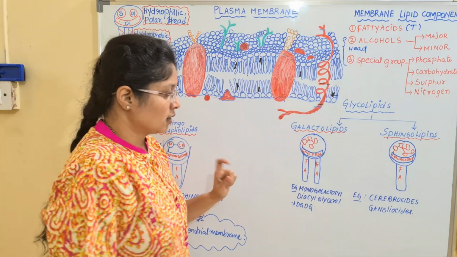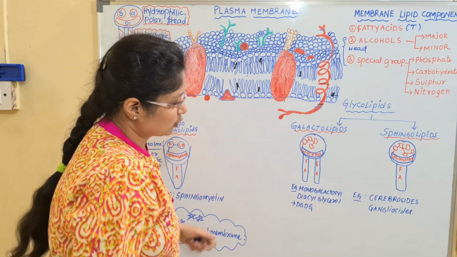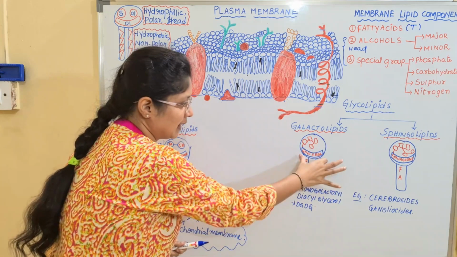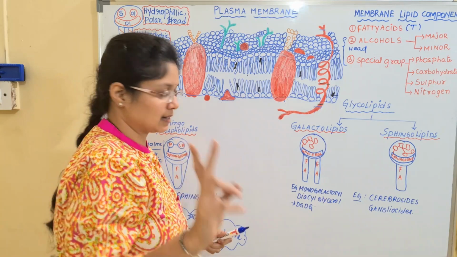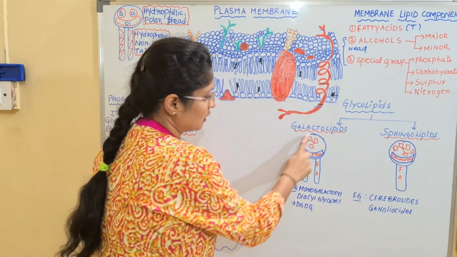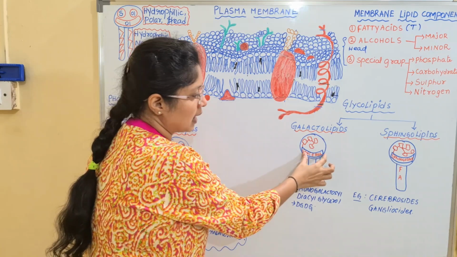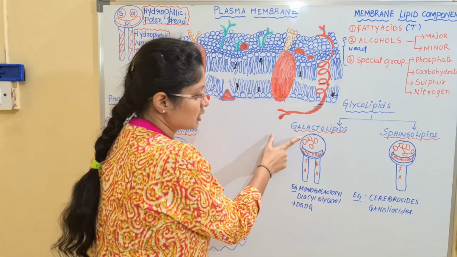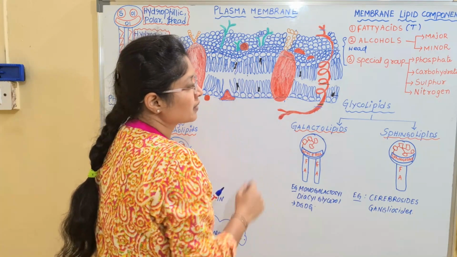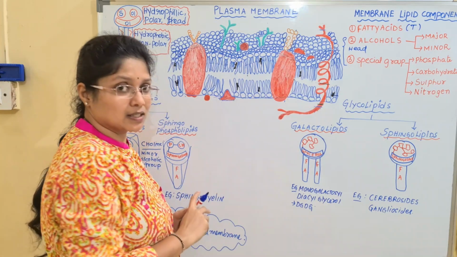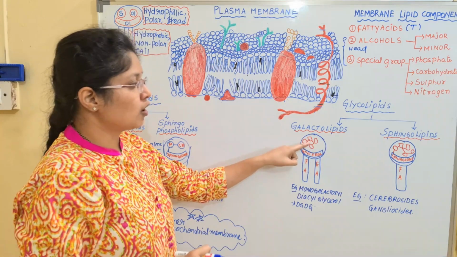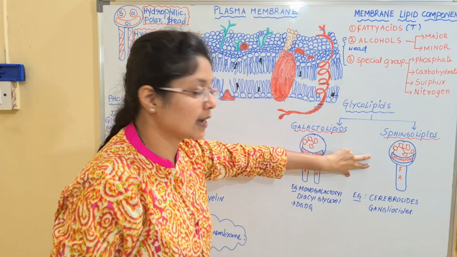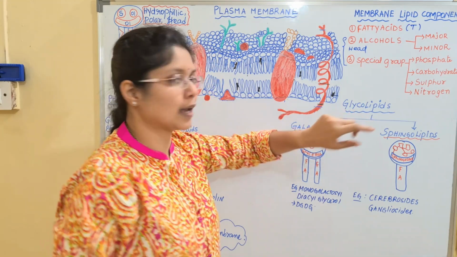And here, if you see the structure of the galactolipids, again we have the fatty acid tails. The tail region will have two fatty acid tails, and the head region will have the alcohol moiety. Along with the alcohol moiety, we have the special group, that is the carbohydrate. Because of the presence of carbohydrates, these compounds are included under the glycolipids.